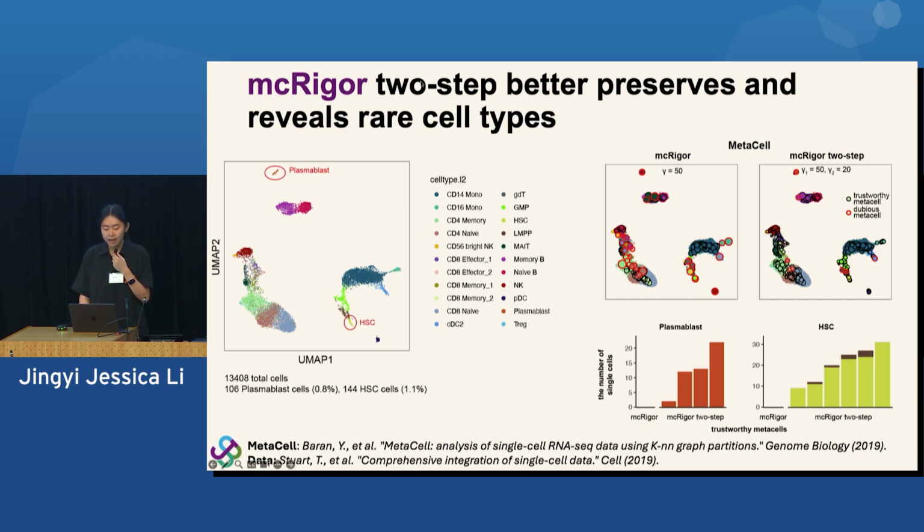We found that the mcRigor two-step can better preserve the rare cell types like this one and this one. Before, if we just threw away dubious metacells, then these two small, rare cell types would not have metacells remaining. But using mcRigor to do a second round of reconstruction of metacells, now we can have some metacells for the two rare cell types.